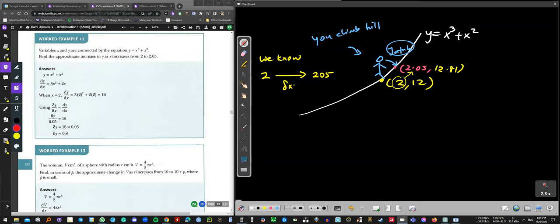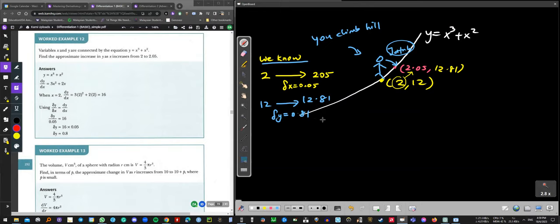So, delta X adalah 0.05 tau, pertambahan yang kecil tu. Ni kita tahu lah daripada guna power, curve function tu. Kita juga tahu bila 2 jadi 2.05, automatically 12 jadi 12.81, betul? So, delta Y adalah 0.81.